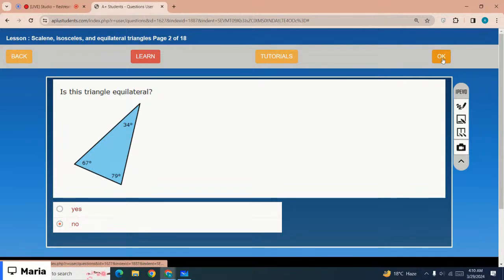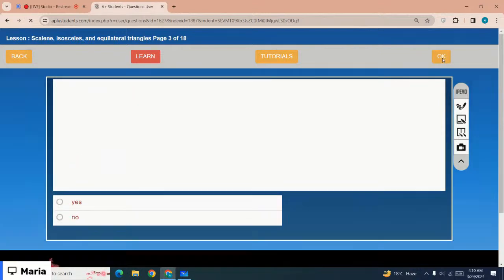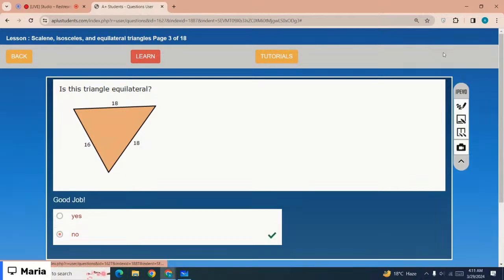Is this okay? That's the same one. Is this triangle equilateral? The correct option is no, this isn't the equilateral triangle, right?